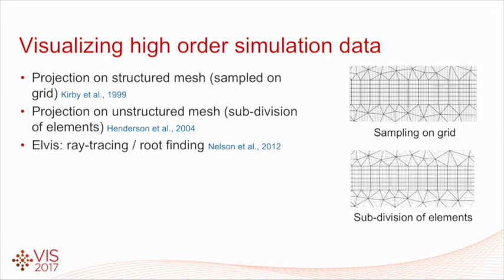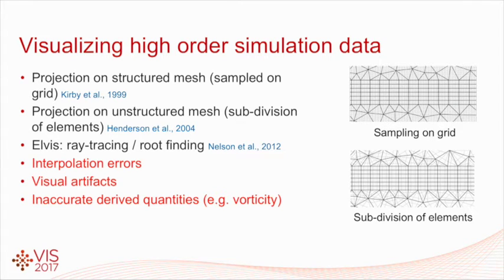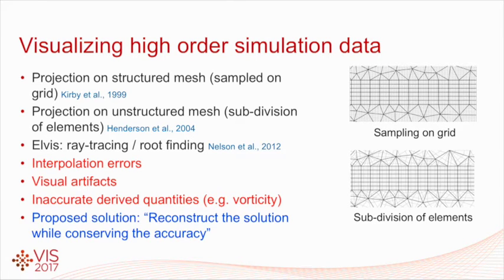Recently, ElVis is a software which uses ray tracing and root finding to do a pixel-exact visualization of the simulation data. All these methods either have interpolation errors or visual artifacts. These problems become worse when you try to calculate derived quantities from the simulation data. The idea we propose is to reconstruct the solution while conserving the accuracy.